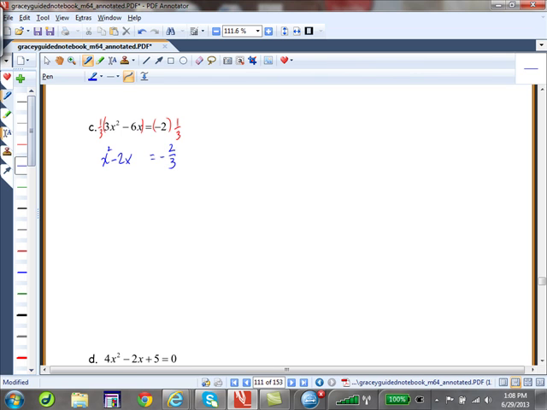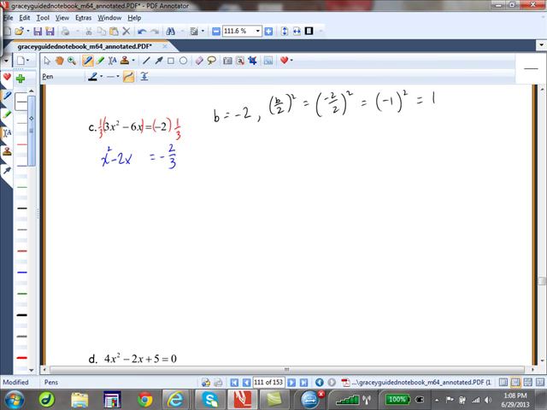So now my b is good, negative 2. So b over 2 squared is negative 2 over 2 squared, which is negative 1 squared, which is 1.